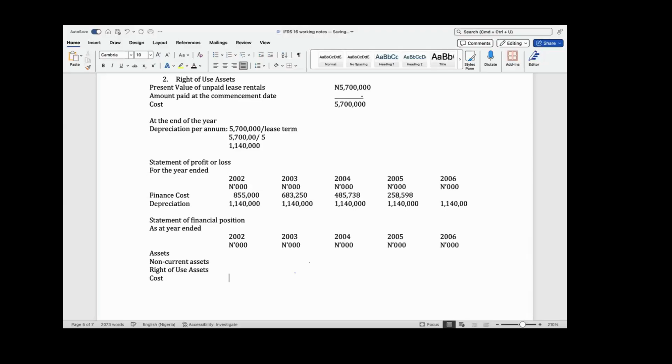The cost of the right of use asset was 5,700, and that will be the cost all through, minus the accumulated depreciation. That's 1,140,000.